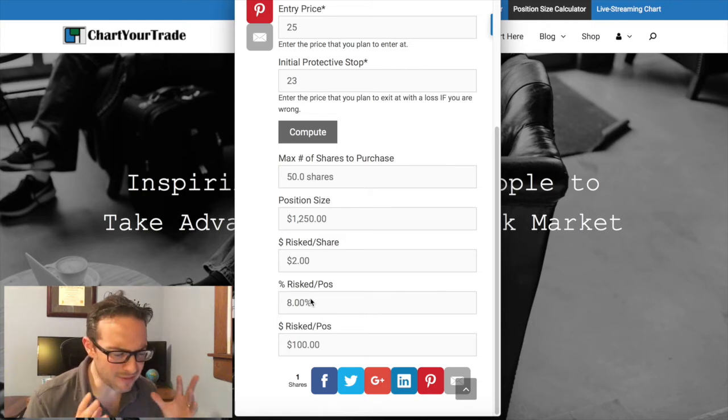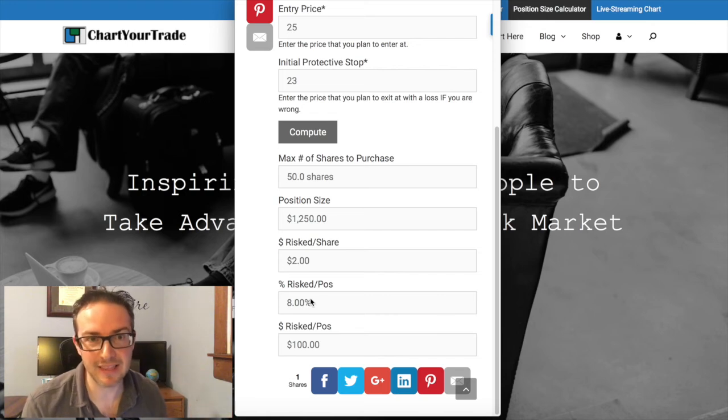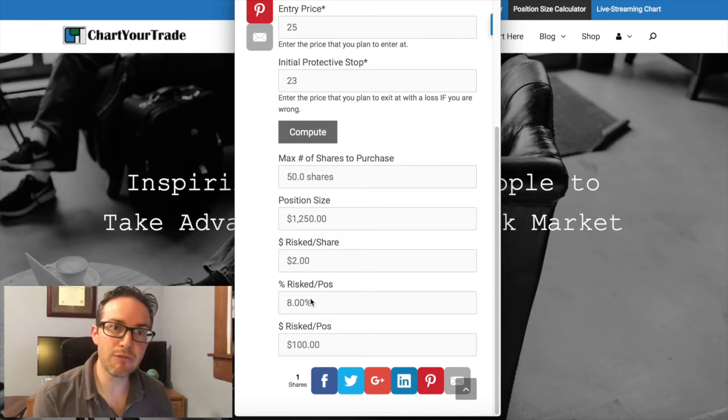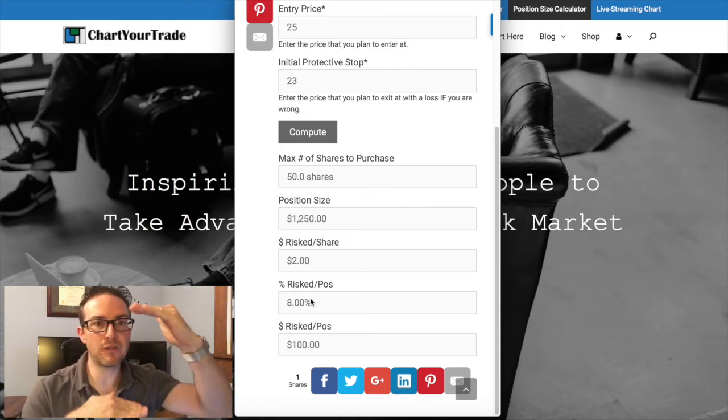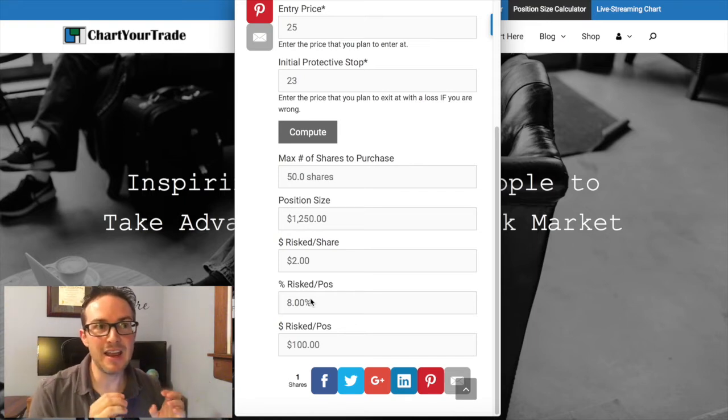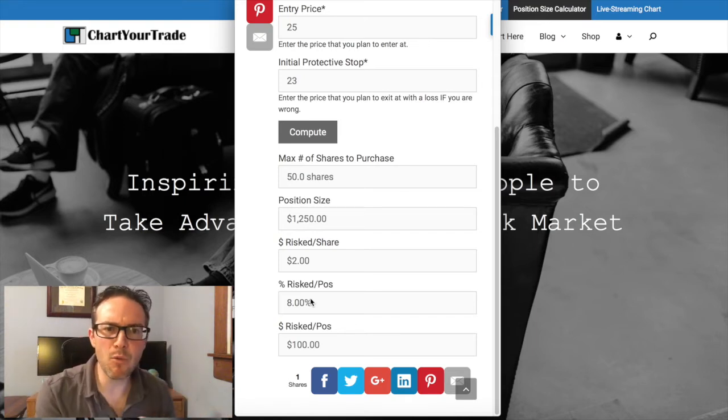So that's just a very simple way of how we're able to get the most bang for our buck and still risk the same amount per trade, and we could leverage our positions on the trades where our entry point and our exit point are closer together, and we could buy more of those shares, but we're still only risking the same amount.